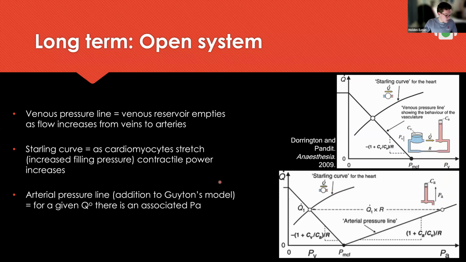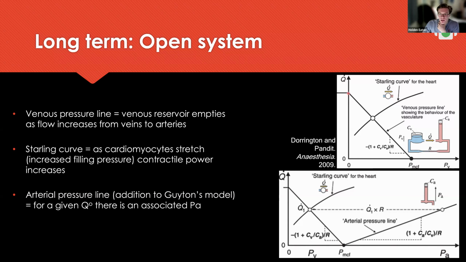If we continue this model forwards, you'll see these curves on the right, which graphically depict what's going on and the relationship between Q, cardiac output, and pressure, both venous, PV, and arterial, PA, on the x-axis. I'll break it down quickly.